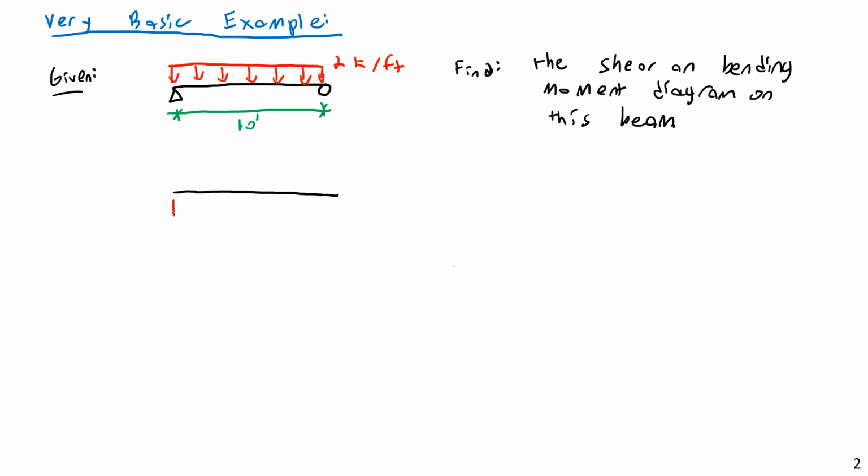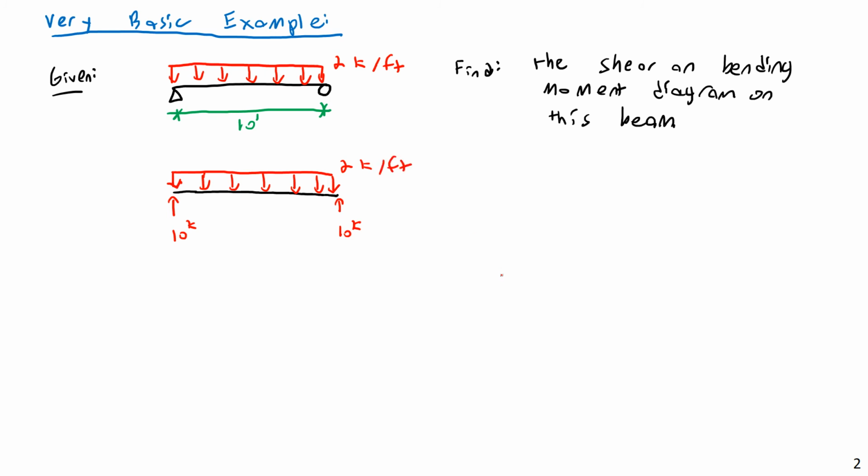But by this point you can see that if we have a uniform load across it and it's symmetric in terms of vertical support, there has to be 10 kips of force here and 10 kips of force here. So 10 kips and 10 kips. And we'll have the same uniform distributed load of 2 kips per foot here. No change from above.